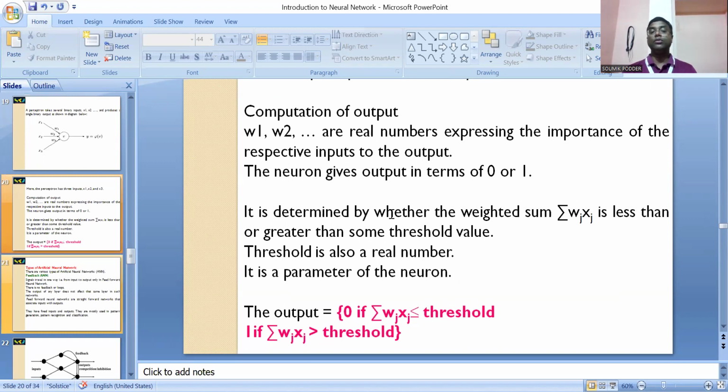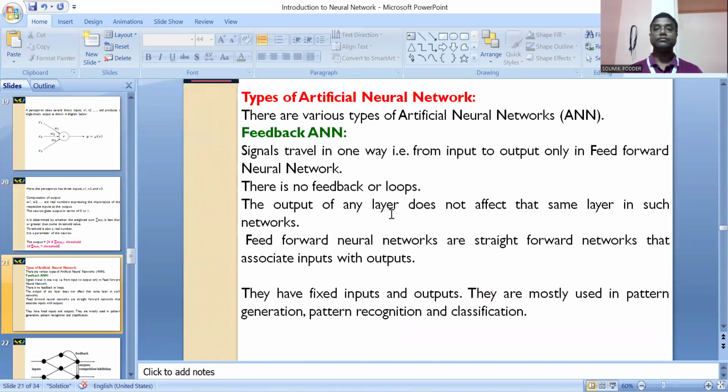So for 0 and 1, if the input data is 0 and 1, the output will be 0 and 1. If the summation of wjxj is less than the threshold, then the neuron will produce 0. If the summation of wjxj is greater than the threshold, it will produce the output 1.